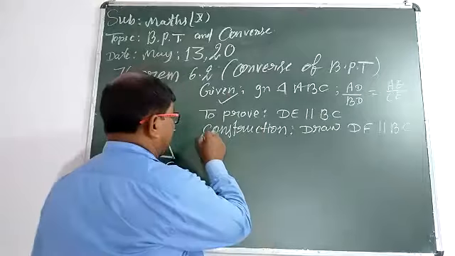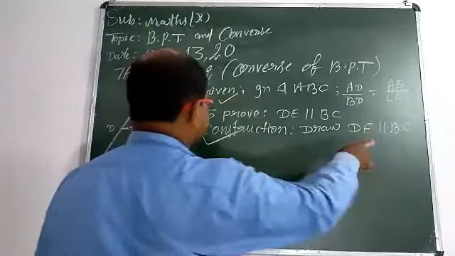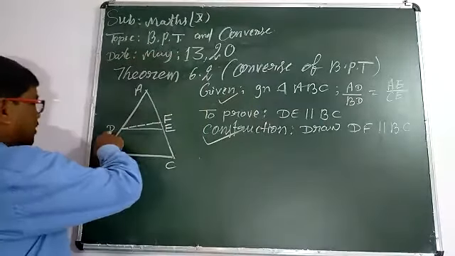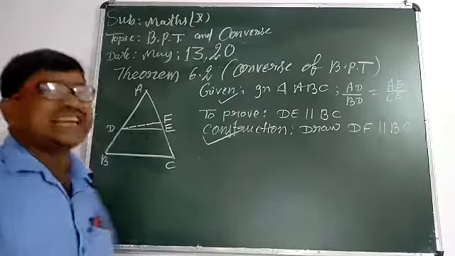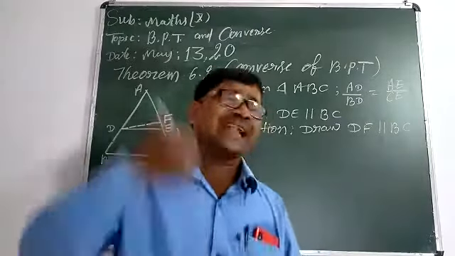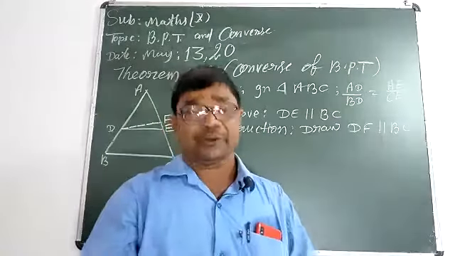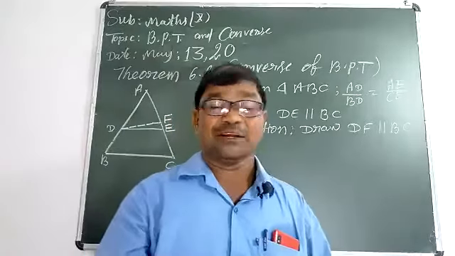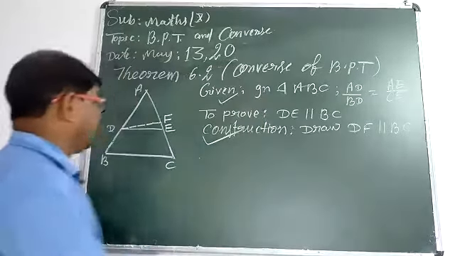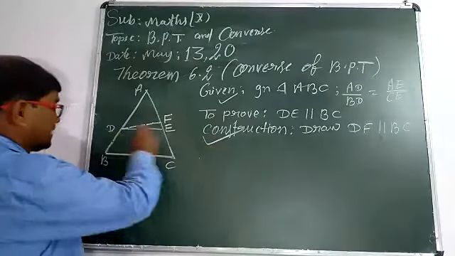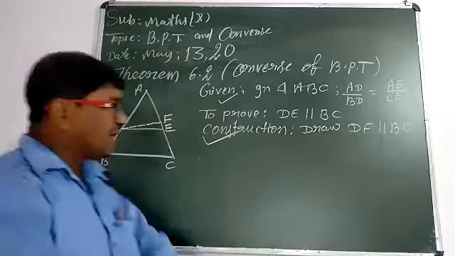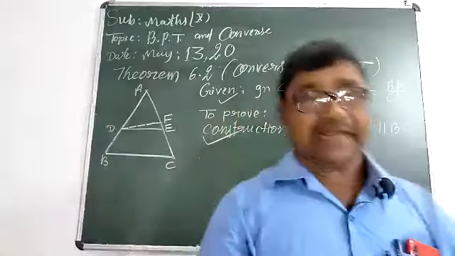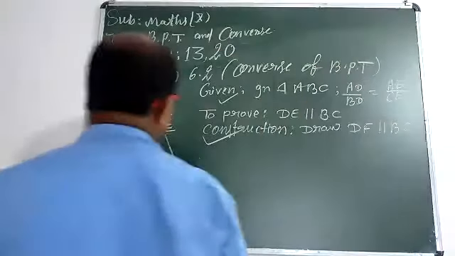So we are doing this action. DF parallel to BC, because DE is given already, but that is not parallel, and we need a line parallel to one side of the triangle. So we are drawing this imaginary line DF parallel to BC. Okay, that is our requirement.